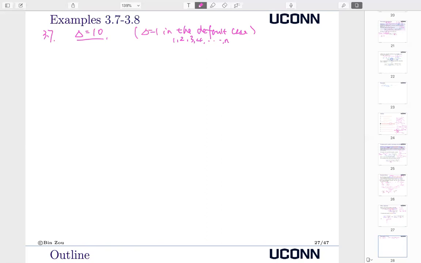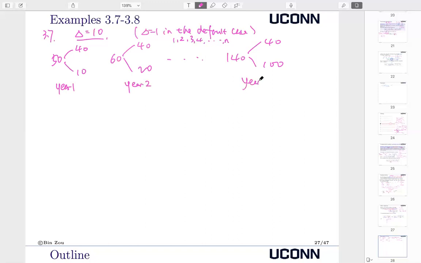So once you know that, you decompose the payments. The first one is 50, and you leave this. The second one is 60. So this is year 1, this is year 2, this is year 10.